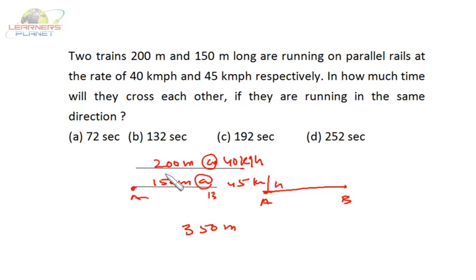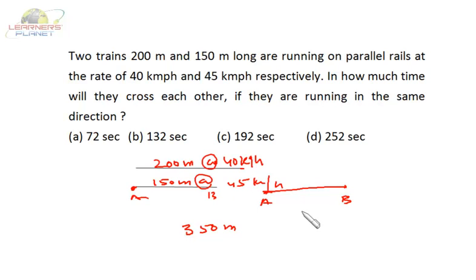But in this case, both of them are moving in the same direction. That means the gaining speed will be considered. So the gaining speed is 5 kilometer per hour. That means this train is running 5 kilometer extra than this train. So to gain this distance, 350 meters, what time will it take, that we have to calculate.